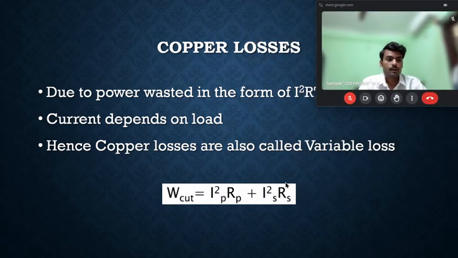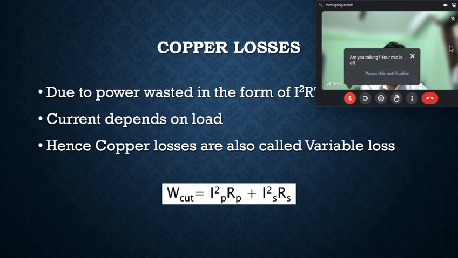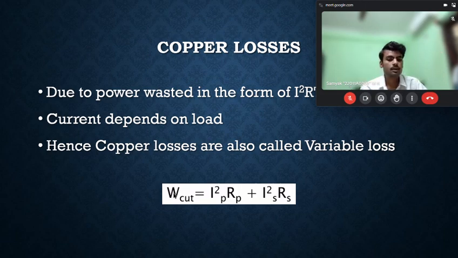And how do we reduce this kind of loss, this copper loss? To reduce this kind of loss, we can use wires which have higher conductivity. Okay. Now, I square R is, as you can see, the loss is directly proportional to I square, and I square is current, and current is directly proportional to the voltage difference.